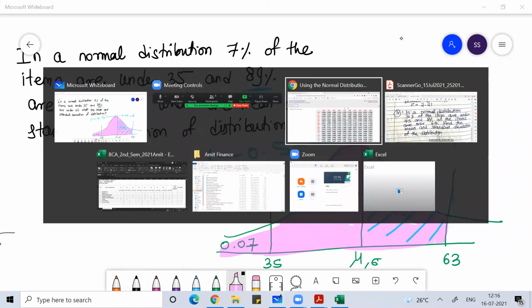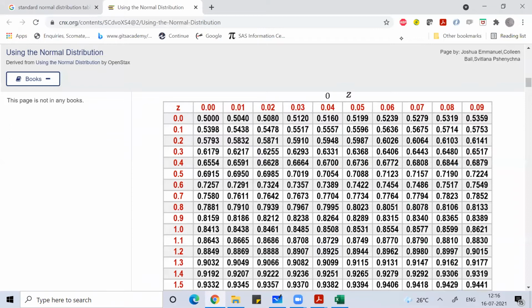0.89 corresponds to what value? You can see that it is 1.23.